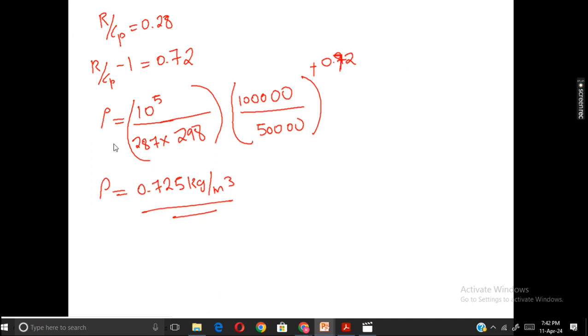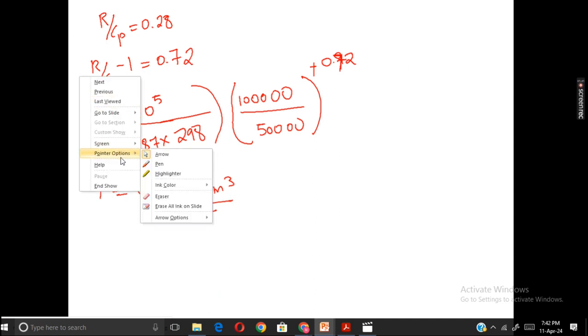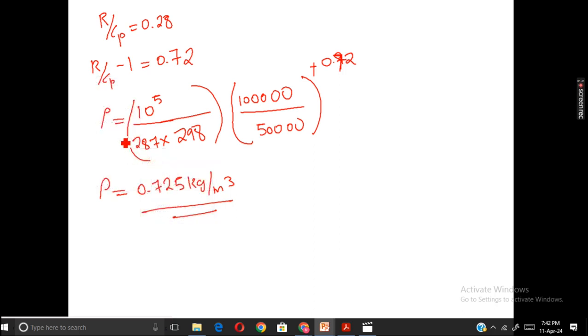R and Cp are constants, so R by Cp has a value of 0.28. Now R by Cp minus 1 is just minus 0.72, about minus 0.728.